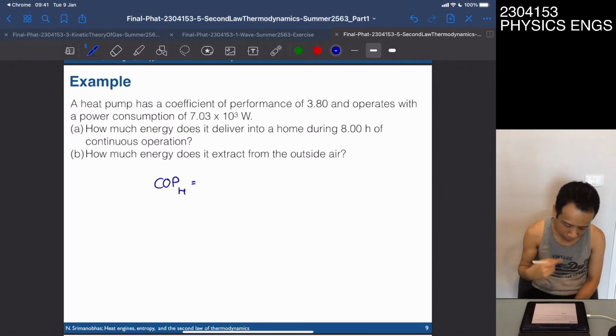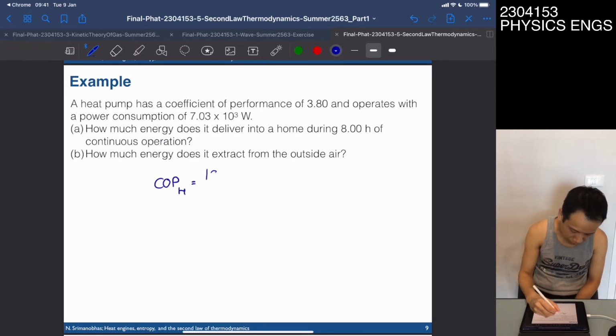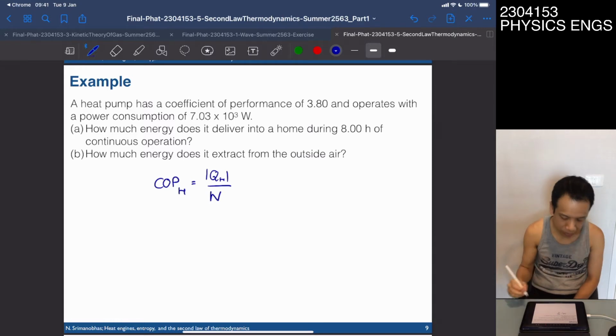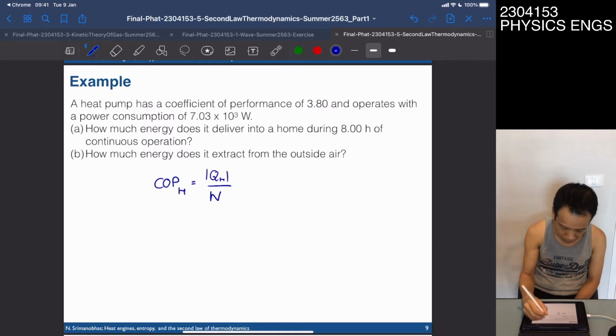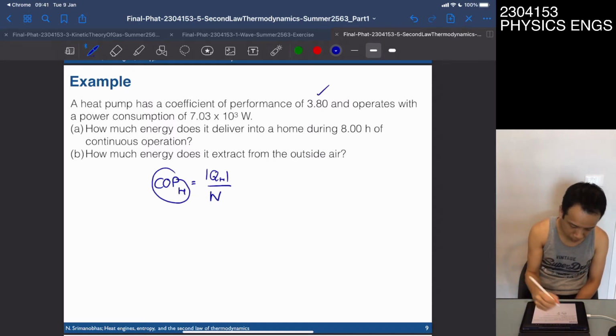From the heat side, what you would like to get is Q heat, right? What you have to put in is work. And you know that the heat pump has a coefficient of 3.8, so you know this term.